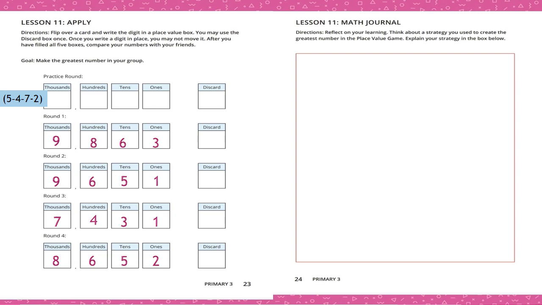These are 4 digits. It means ones, tens, hundreds, and thousands. I will put the greatest digit in 1000 to make the greatest number. So, what is the greatest digit here? 7. So, I will put 7.